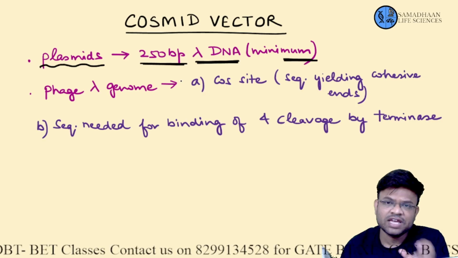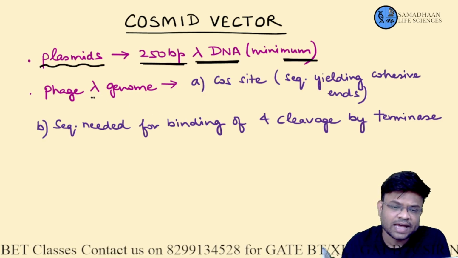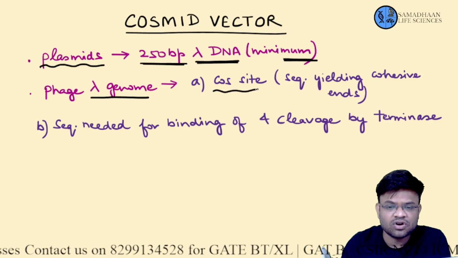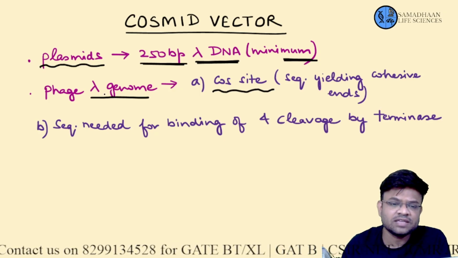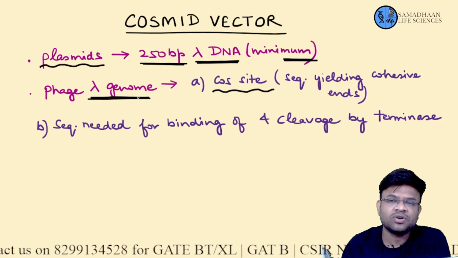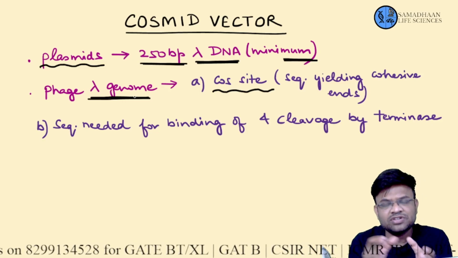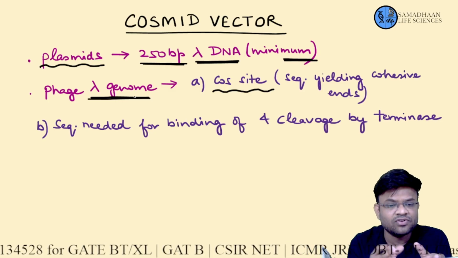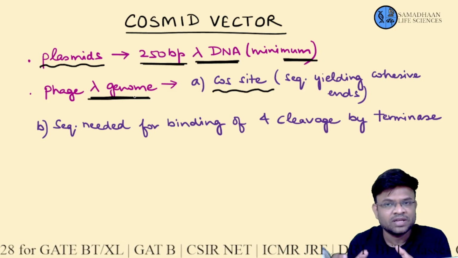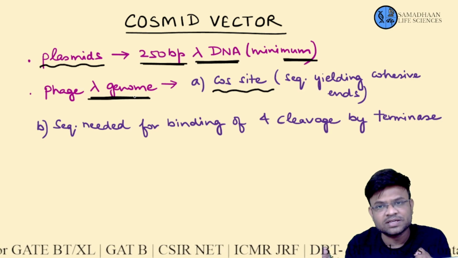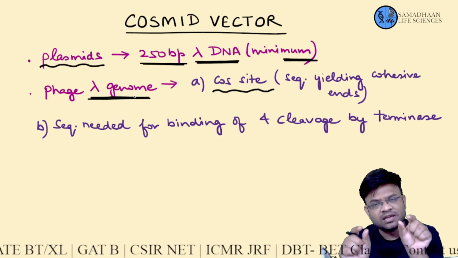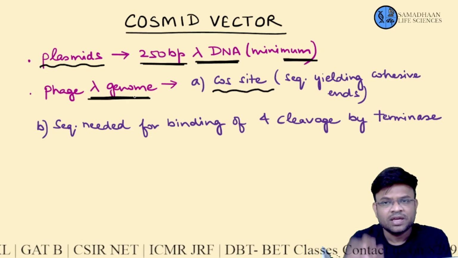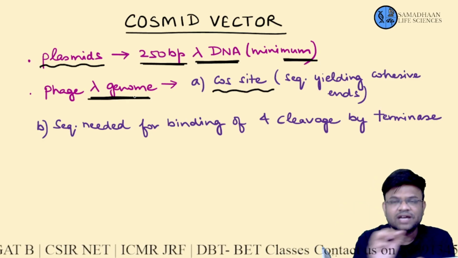Actually the phage lambda genome has an important site called the cos site. Why am I saying phage lambda genome? Because this lambda phage DNA is obtained from the phage lambda, that means it is a bacteriophage virus. That means we are taking a small portion of the bacteriophage lambda and inserting it inside our plasmid.